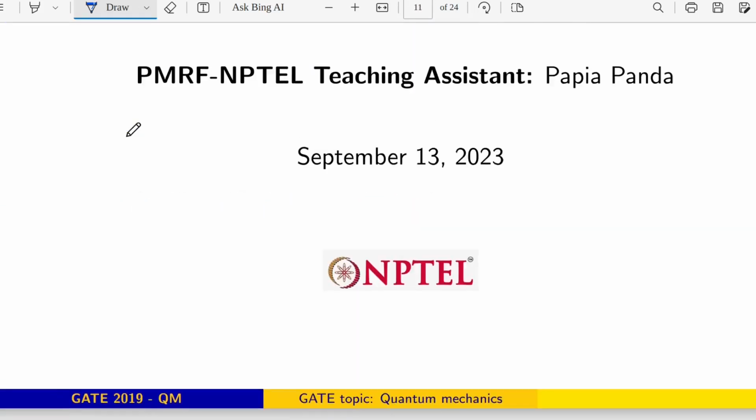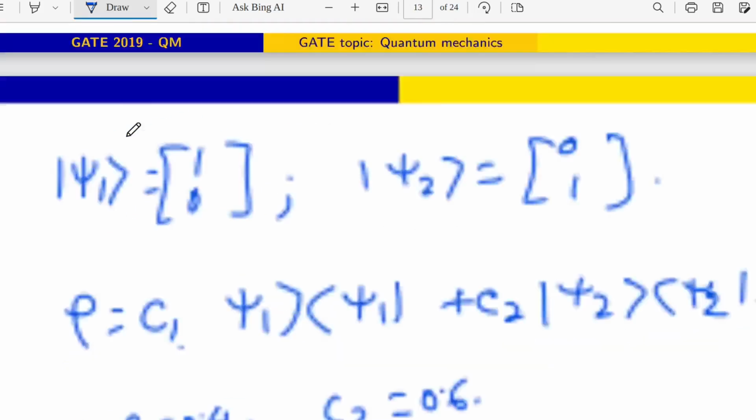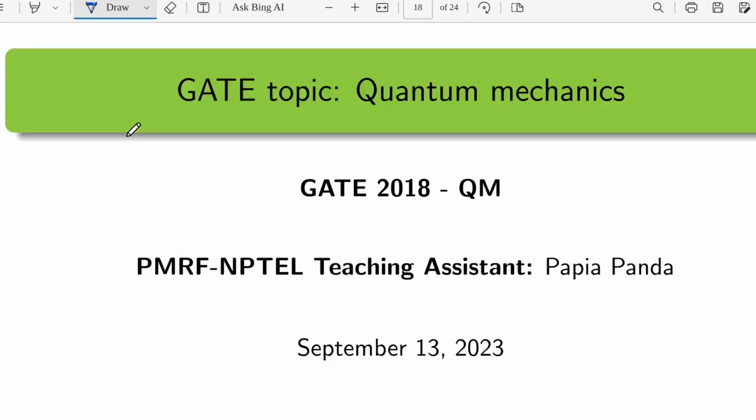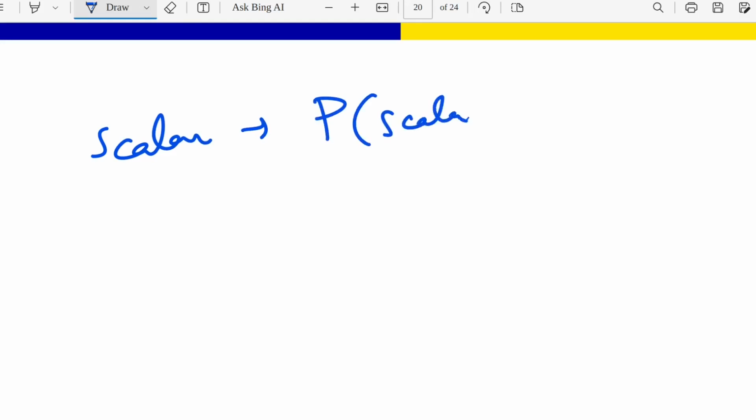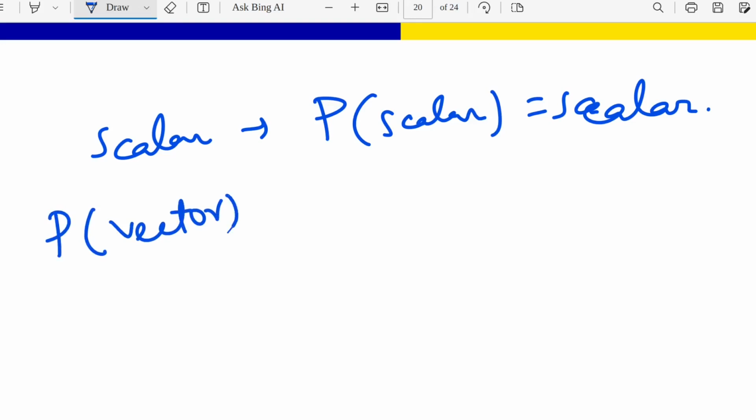Let's say I am talking about scalar. Let me write here. If any variable is scalar, then obviously P of scalar gives scalar. Then P of vector gives minus vector.